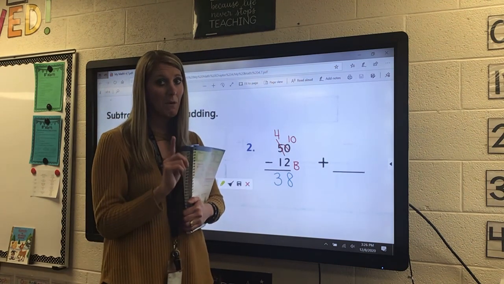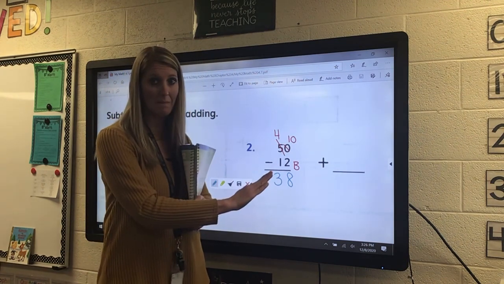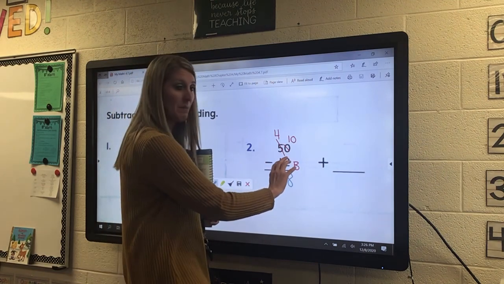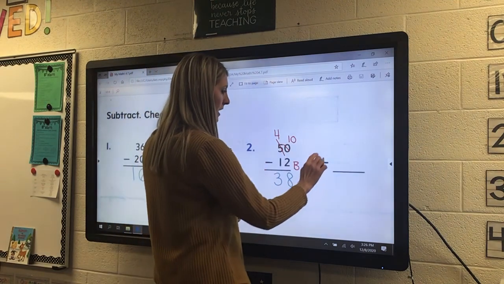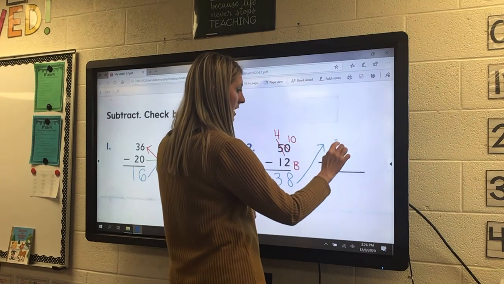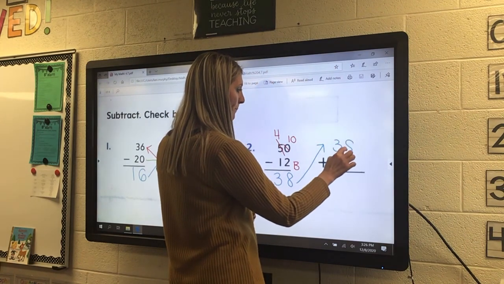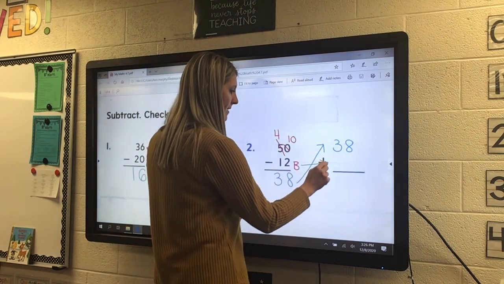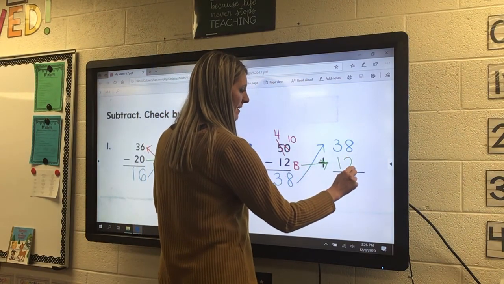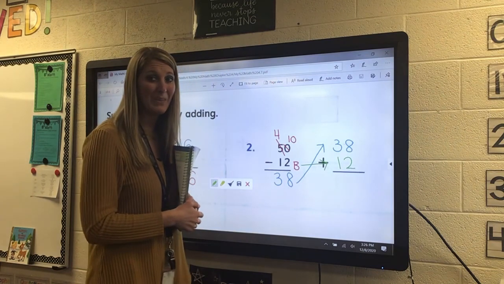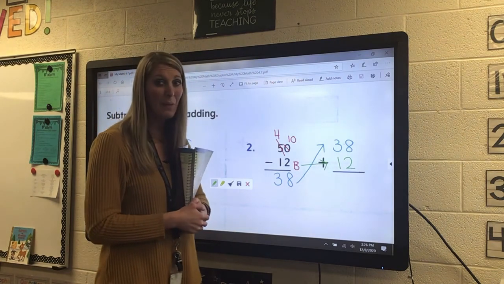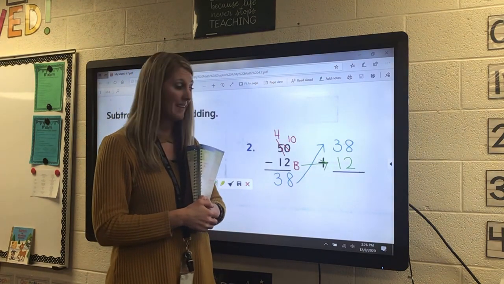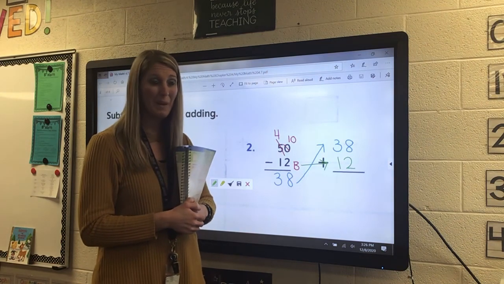Now I'm going to double check my work by adding. So I'm going to add back these two numbers. So watch what I do. The 38 is going to go up here. I'm going to draw an arrow. Please do that too. And the 12 is going to come across. And I'm going to add going down. Now, it's been a while since we've had to carry, but we're going to have to carry or regroup on this.